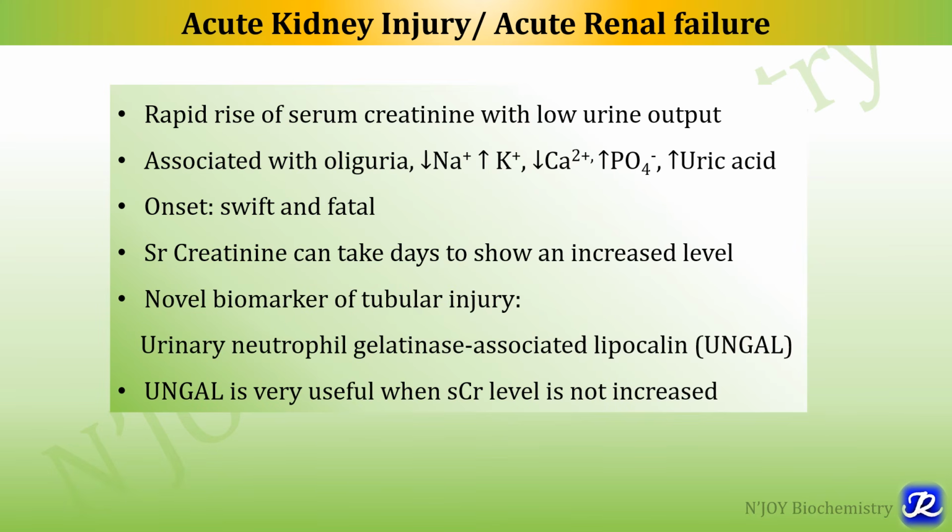There is one novel biomarker of tubular injury which is called urinary neutrophil gelatinase associated lipocalin or UNGAL. This UNGAL is very useful when serum creatinine level is not increased in case of acute renal failure. Cystatin C is an excellent GFR marker.